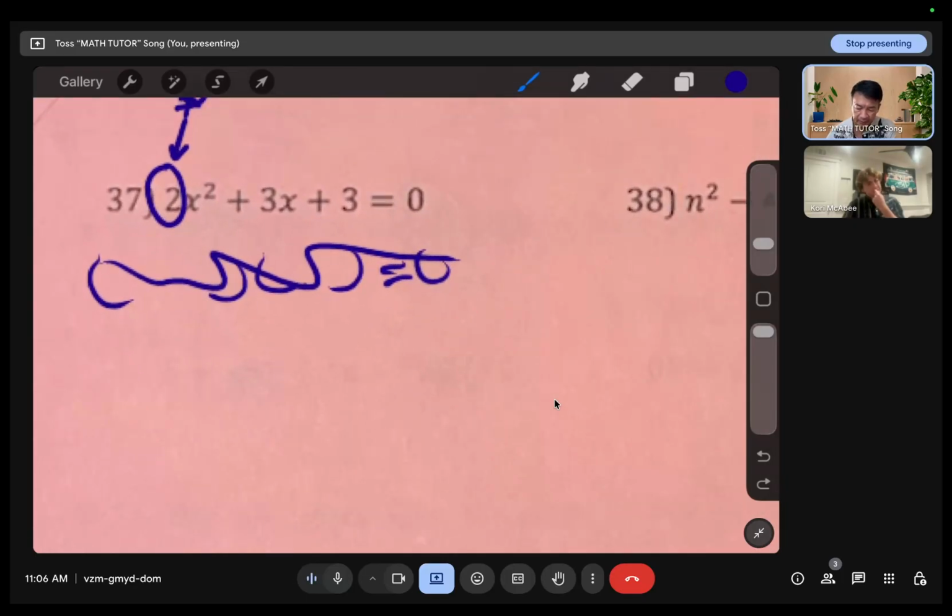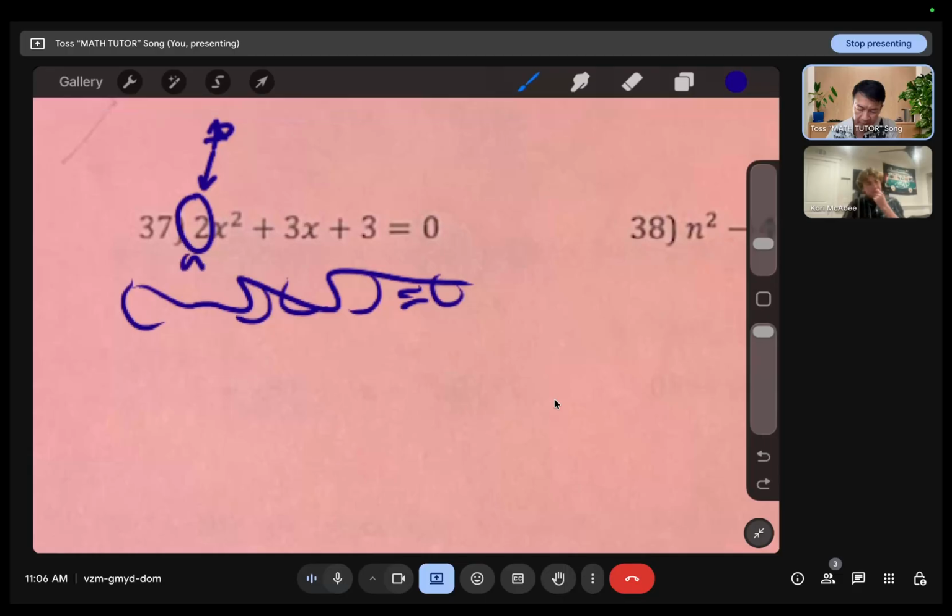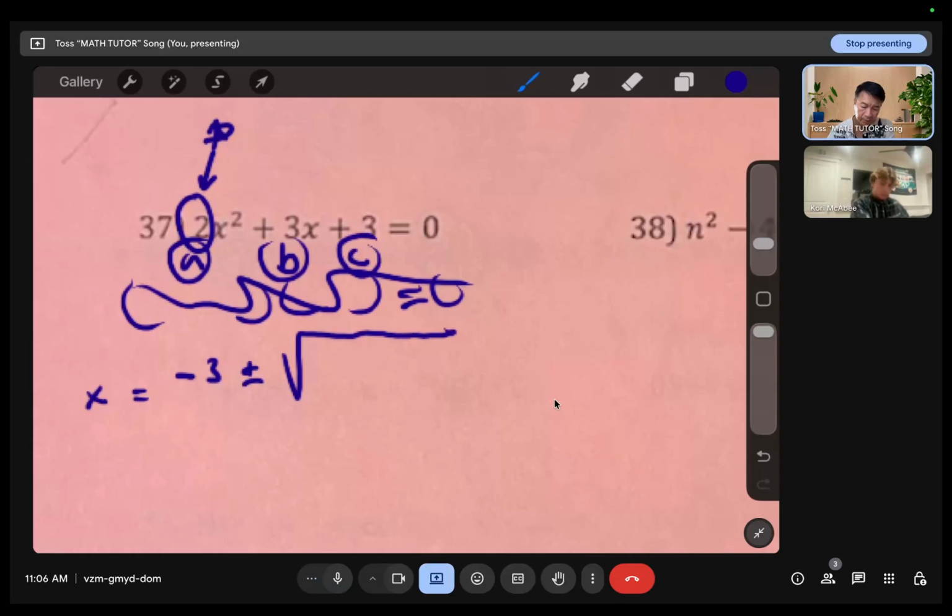Okay, so here we go. Quadratic formula. This will be your A. Your A could be anything for the quadratic formula. So C. Here we go. Do you have the formula memorized? Do you want me to write the formula for you? You have a cheat sheet, right?